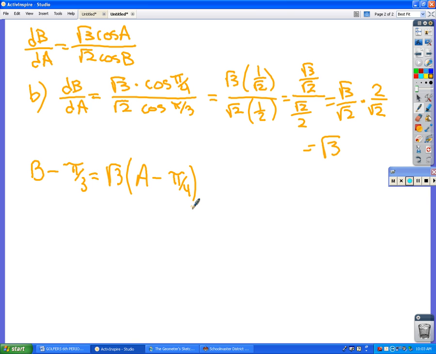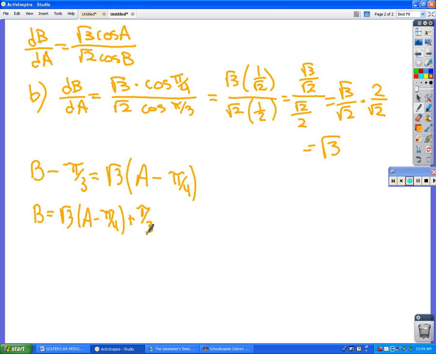So a minus pi over 4 plus, I'm going to swing that pi over 3 over there, so it's going to be b equals root 3 times a minus pi over 4 plus pi over 3. Maybe I left that root 3 off there or something. But I like what we got going there.